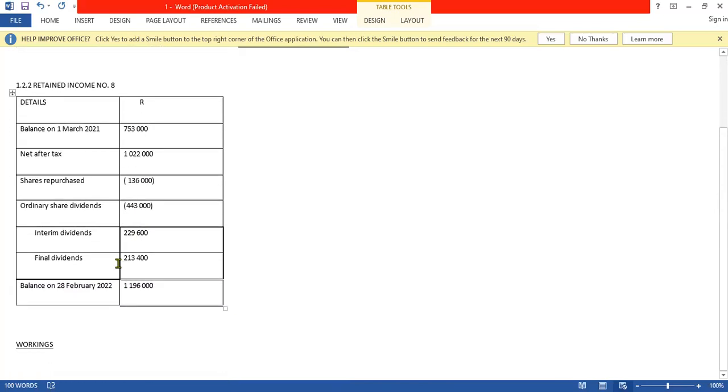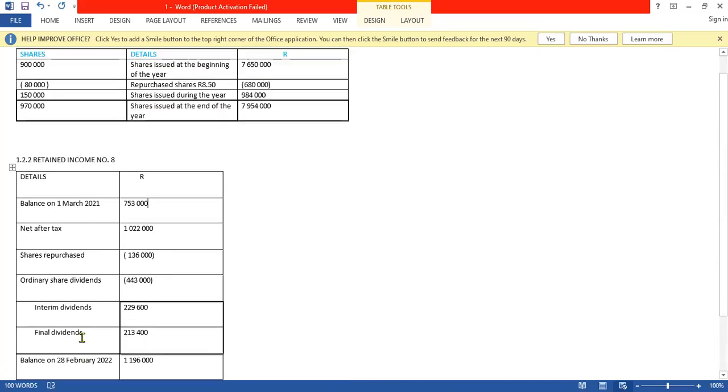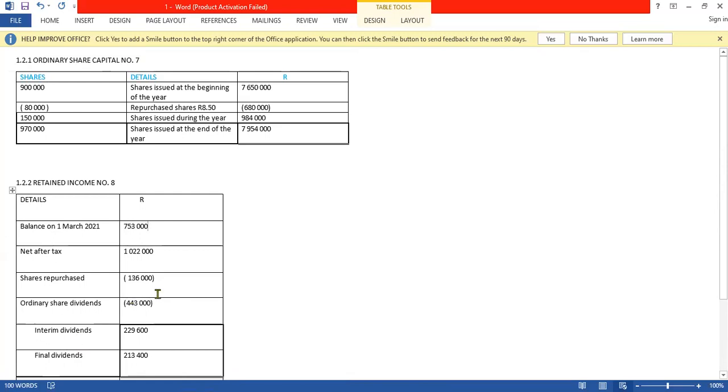So right now, I hope that you got whatever I was saying, because it is important, guys. Before I conclude this session, I'm going to highlight whatever we talked about in this session about note number 7. I will give you the formulas on how to calculate all these things.